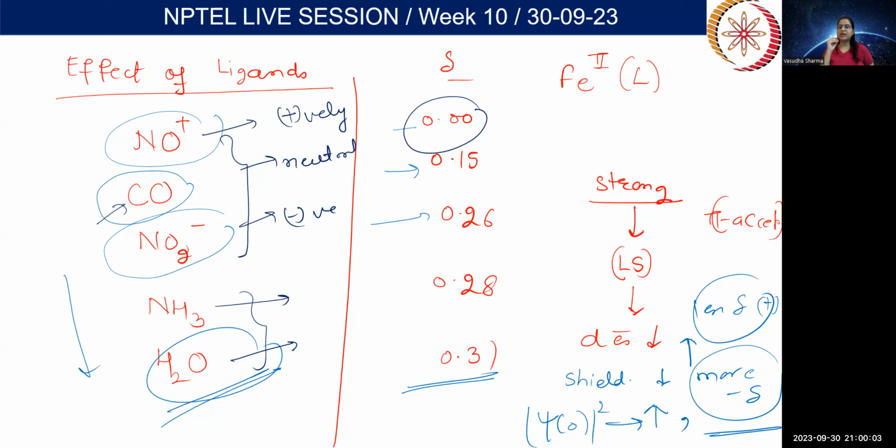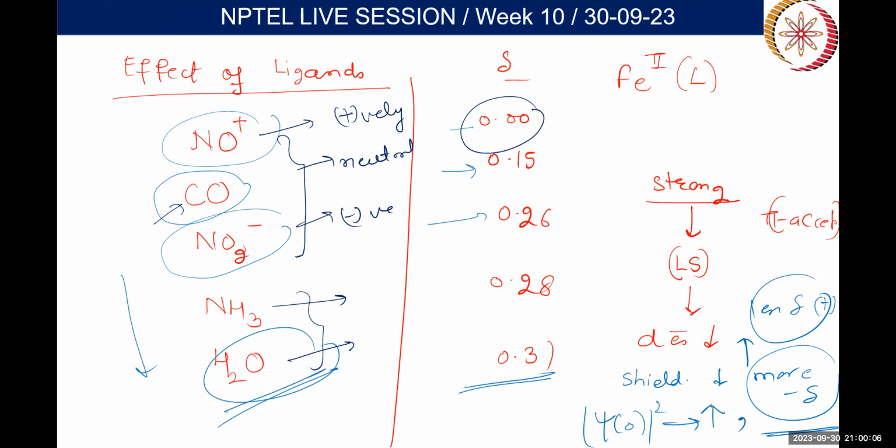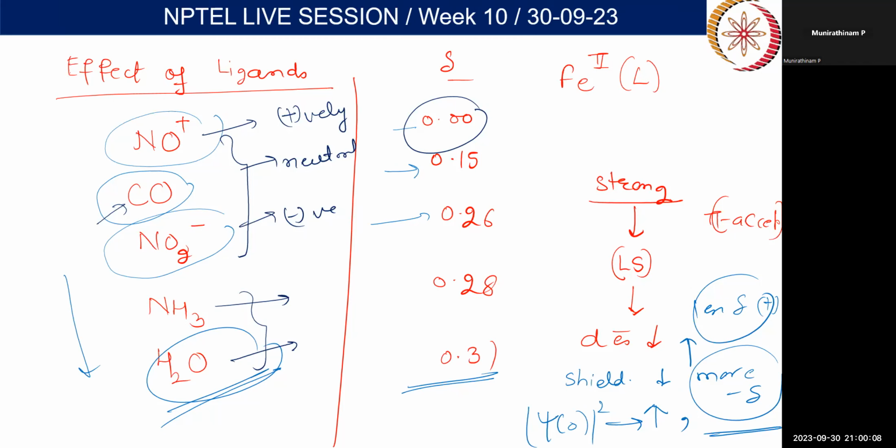So it would be taking up the electrons, but not to the extent that we were looking at earlier. So whenever we compare pi acceptor ligands, you need to see the charge also, where it is NO positive, because in water it's sigma donation also, pi donation also, so all the donation is possible. That's why it is more positive compared to the NH3, where only sigma donation is happening.